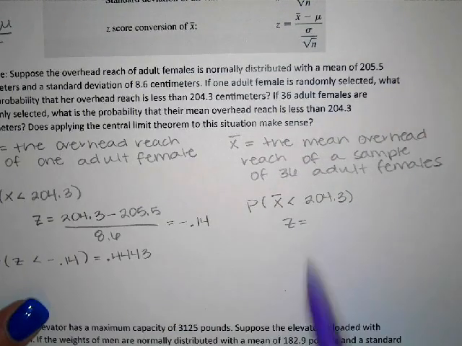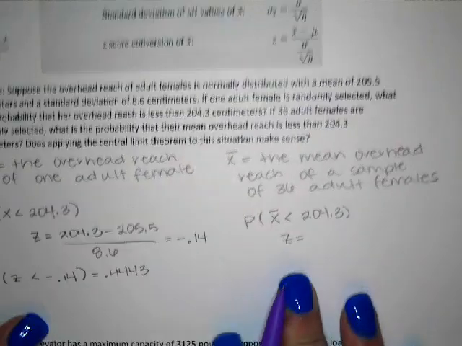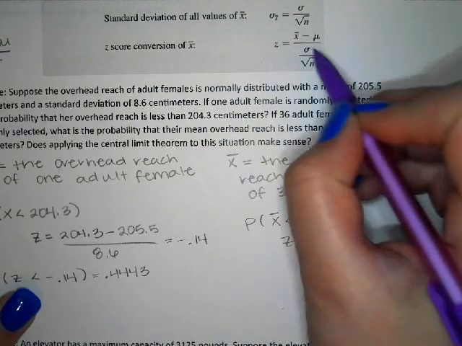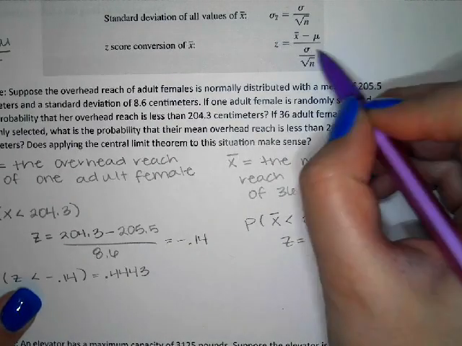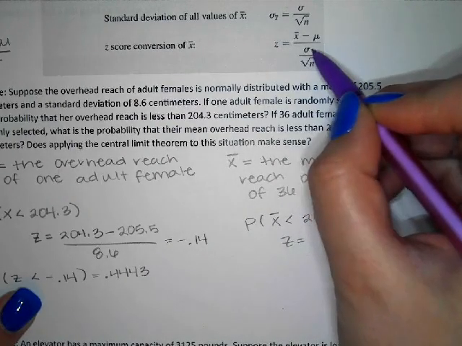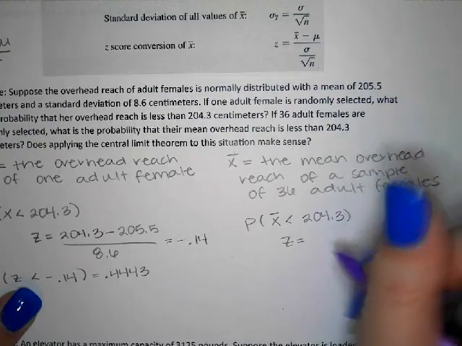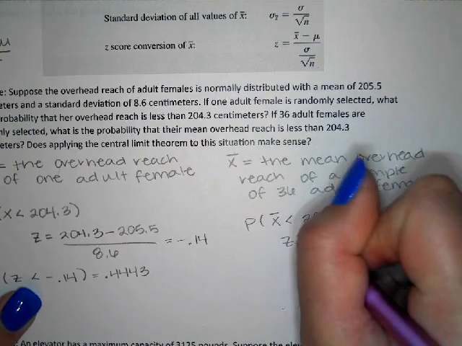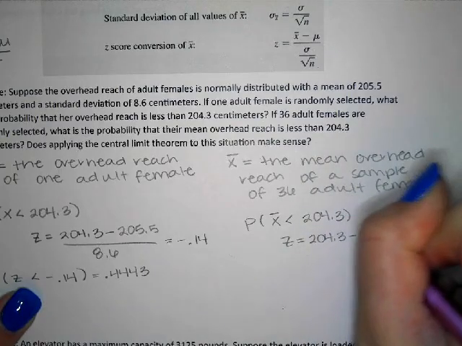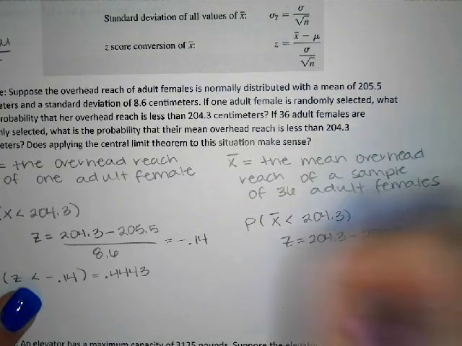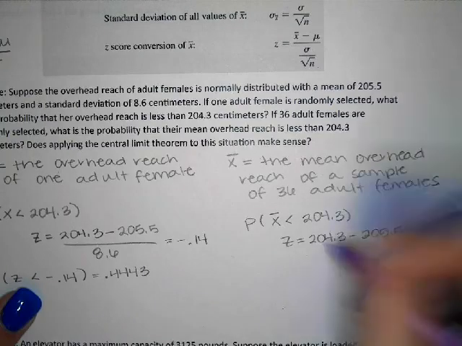We're going to use the sigma of the sample means, and that sigma uses the formula sigma over the square root of the sample size. So z is going to be x bar, 204.3, minus the mu value, or the mean. Sorry, that was the sample mean.